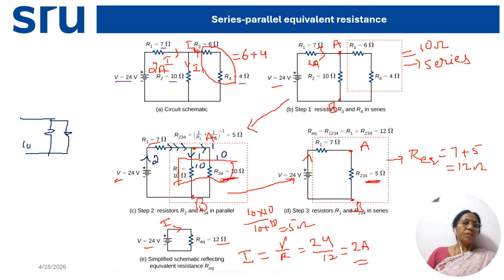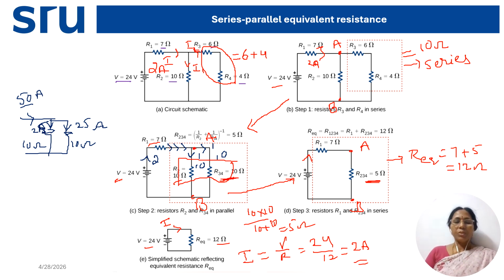If I am getting 50 ampere current, then what is the current through this? 25, and through the other? 25. So it shares an equal amount of current, 25 ampere, 25 ampere. If it is 10 ampere, then 5 ampere, 5 ampere. So like this it shares an equal amount of current.